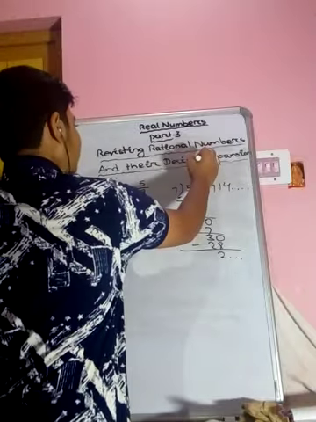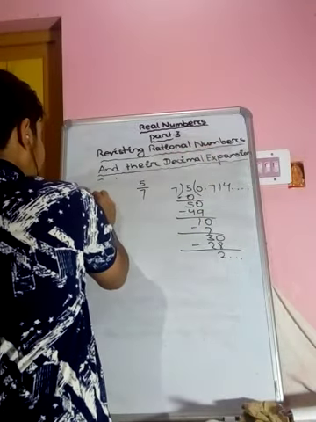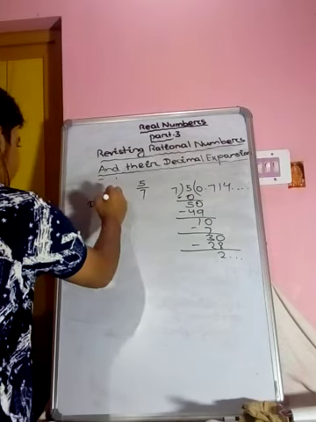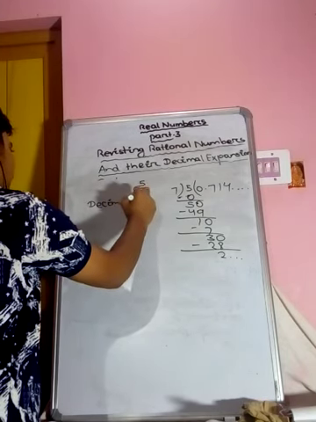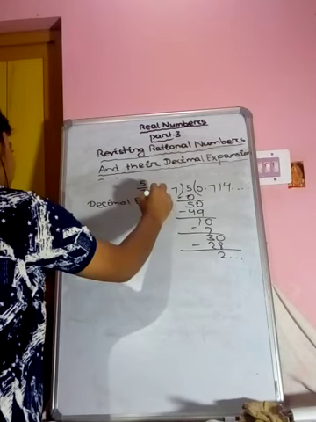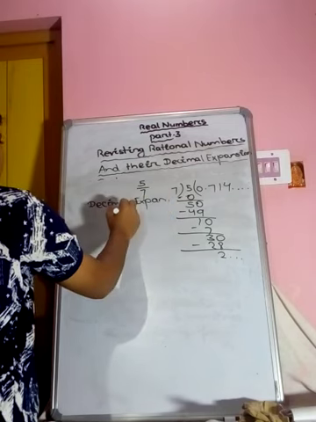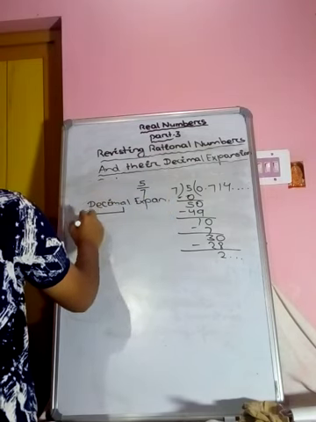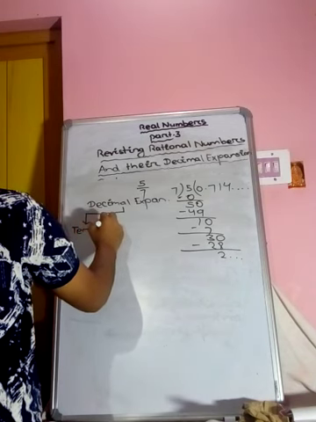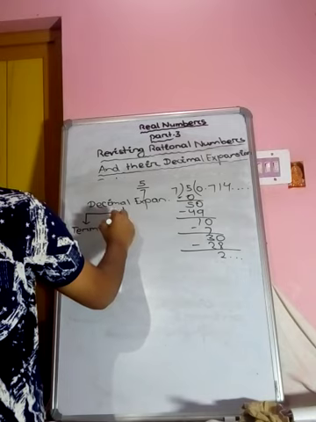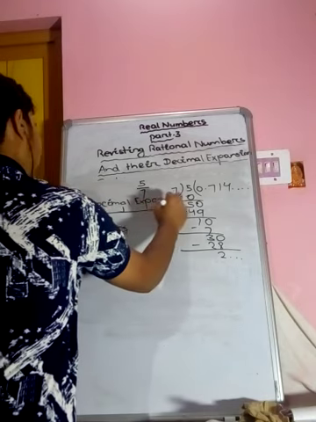Decimal expansions are of two types. What are they? Terminating and non-terminating.